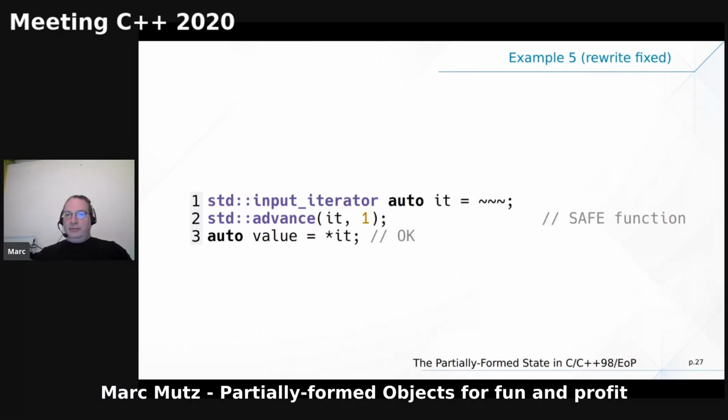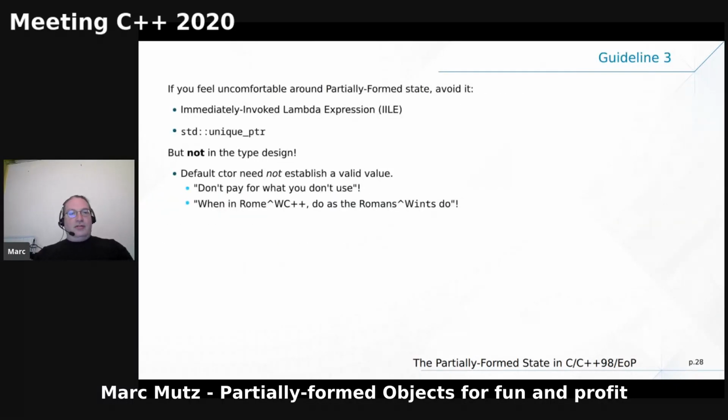I find this amazing. So, guideline: if you feel uncomfortable around partially formed states, avoid them. So for the default constructed state, you can use immediately invoked lambda expressions. And for delete and new, you can use std::unique_ptr.